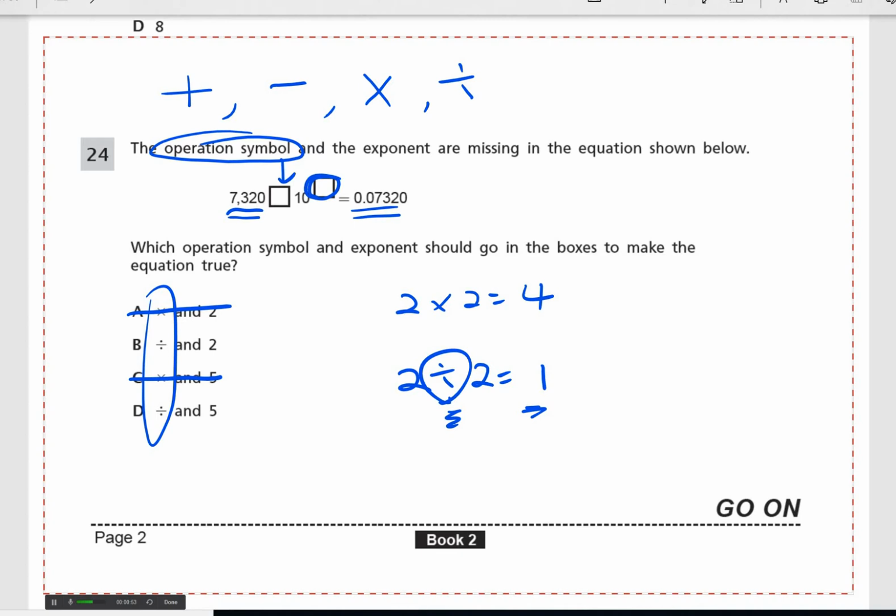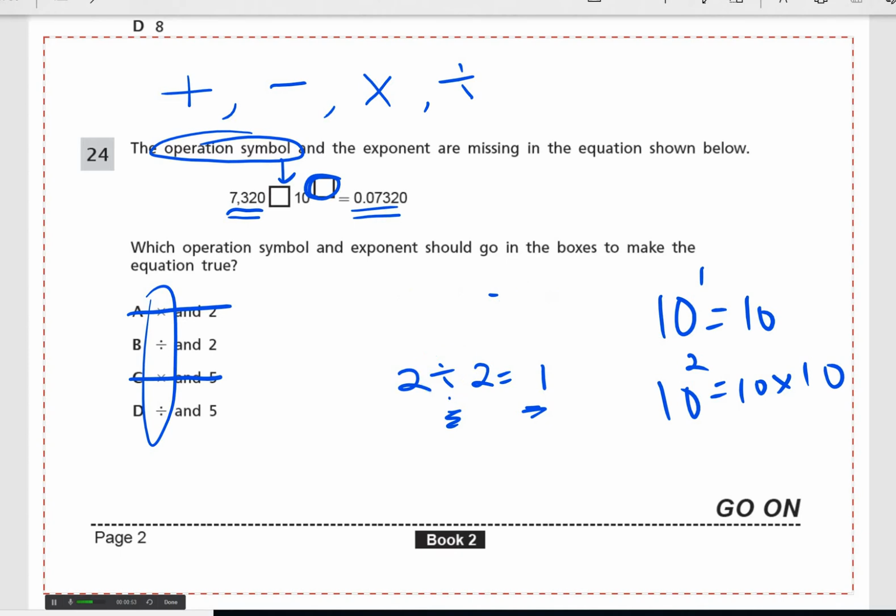Exponent just means power, okay? Like 10 to the power of 1 is 10. 10 to the power of 2 means 10 times 10. So all you have to do is just count. From 7,000 to 0.07, it actually moved how many place values? When it's 7,000, the decimal should be here.